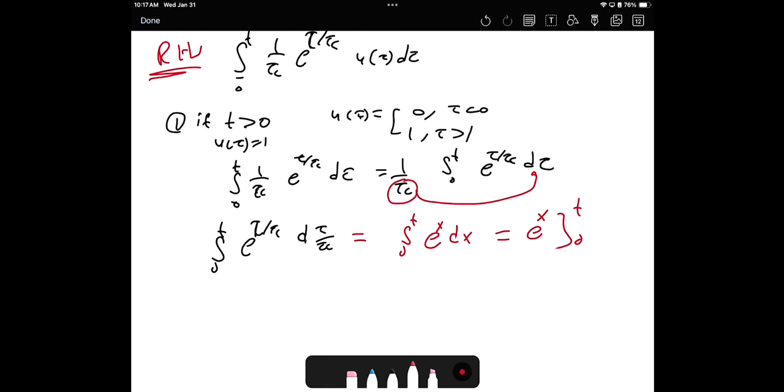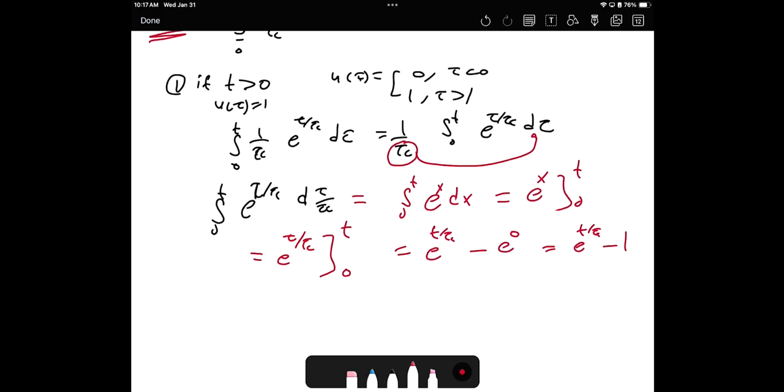Or in other words, it will be e power tau over tau c from 0 to t, which is e power t over tau c minus e power 0, which is e power t over tau c minus 1. Then that's the first thing.